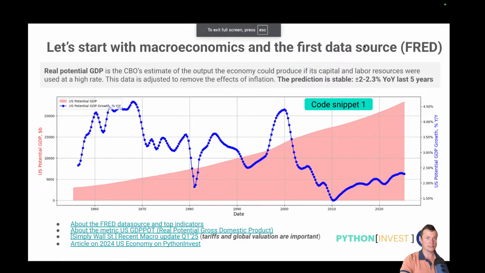Let's return to the slide. So, real potential GDP. This is US GDP. This is the first macro indicator that is used in many economic studies. You can see here that the prediction is stable.